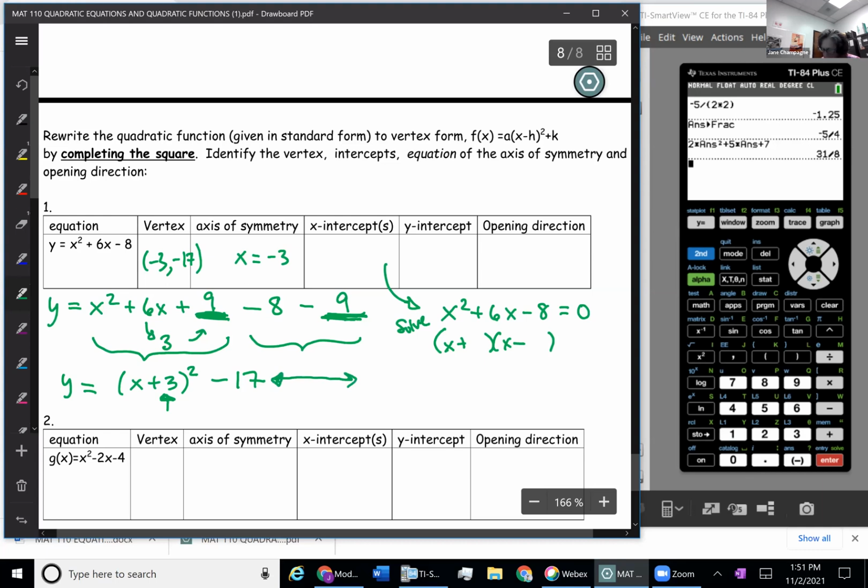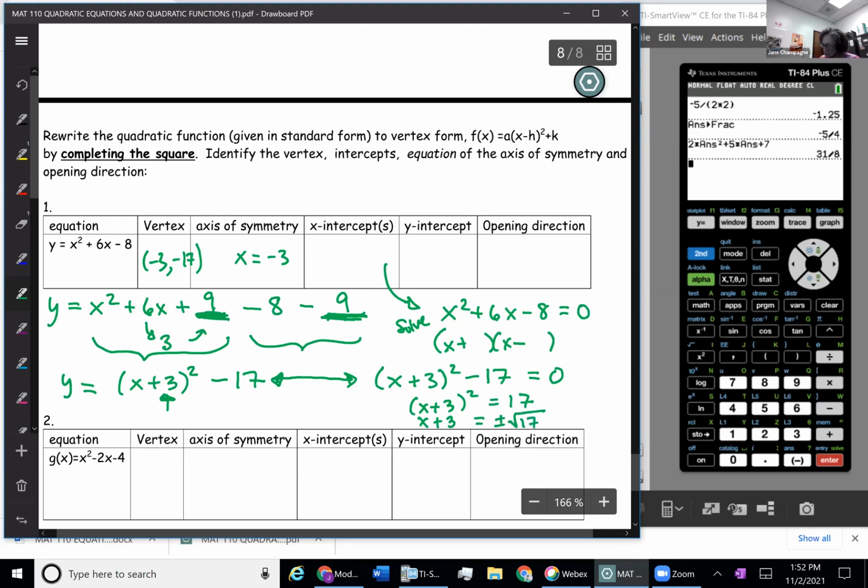So what if we set that equal to 0? That would be exactly the same as setting the original expression, the original way it was given. And now we can add 17 to both sides and see that, yeah, the reason it doesn't factor is because you get some irrational solutions.